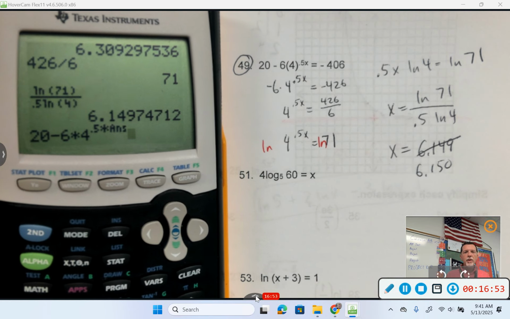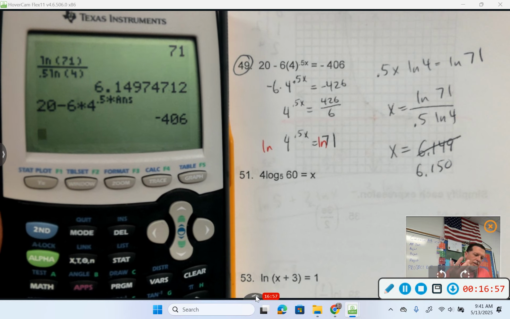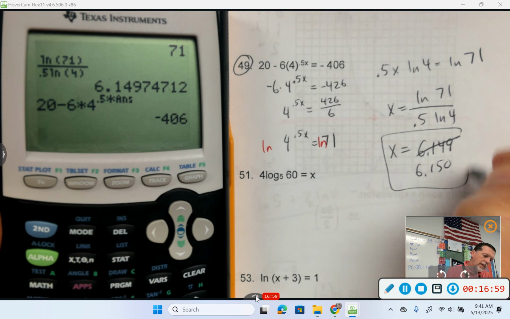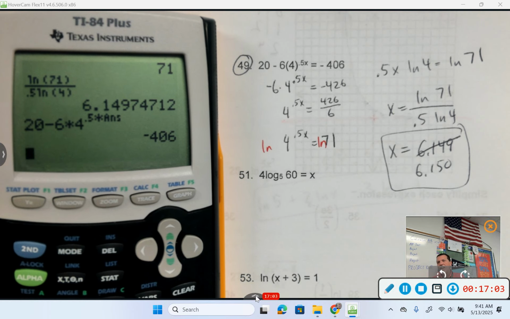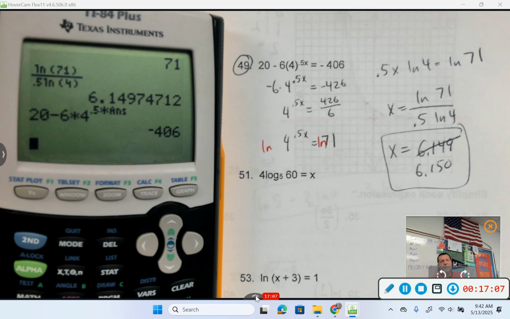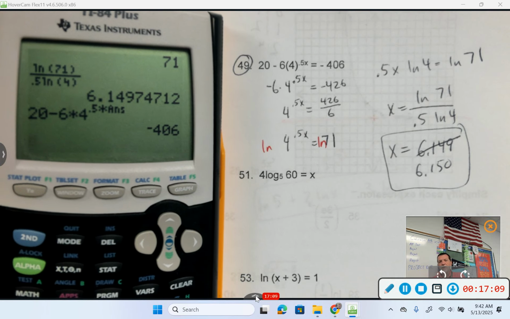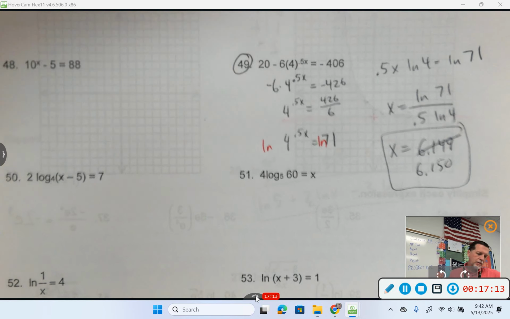All of that is supposed to be negative 406. Fingers crossed, I know I got it right. Again, I think you'll have plenty of time on the calculator day to check answers. You don't have to, but man, it's so quick, and you'll know that you got the answer right. You'll feel good about turning it in, or if you need to go back and fix things.